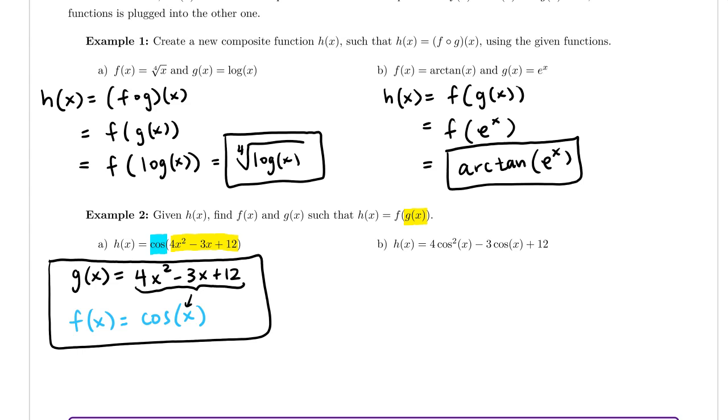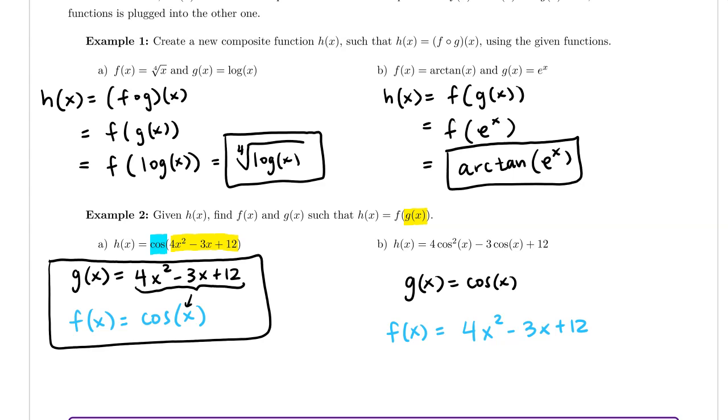In part b, we have that our inner function, g of x, is equal to cosine of x. And what are we plugging that into? That's getting plugged into the function f of x, which equals 4x squared minus 3x plus 12. So notice one thing that we want to note here is that in most cases composition is not commutative.